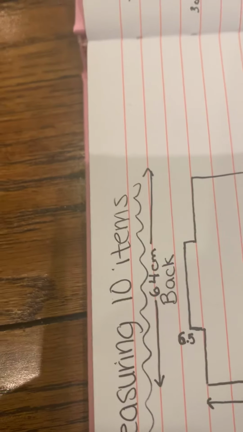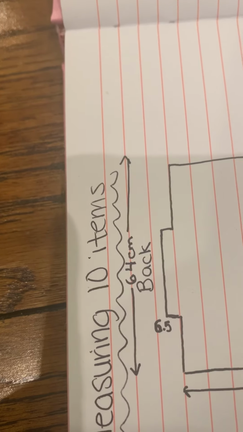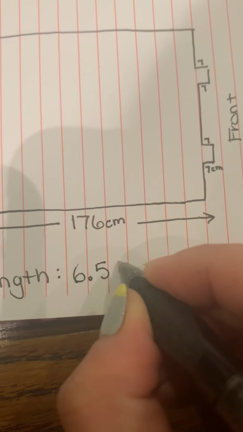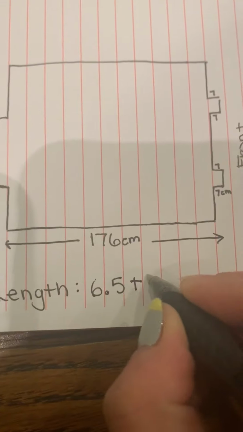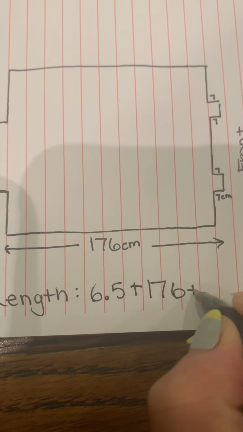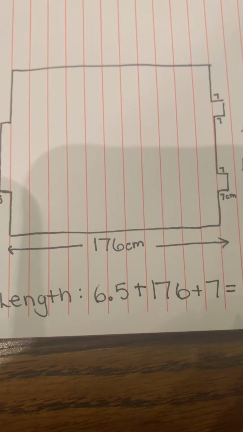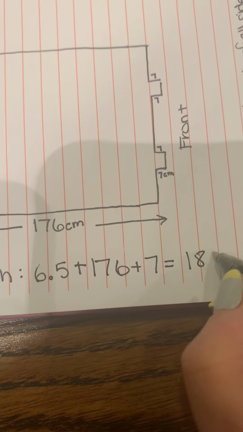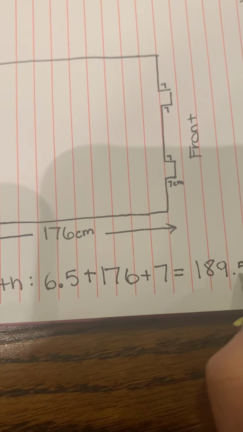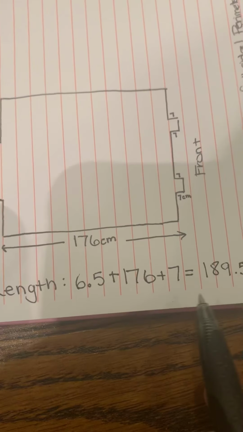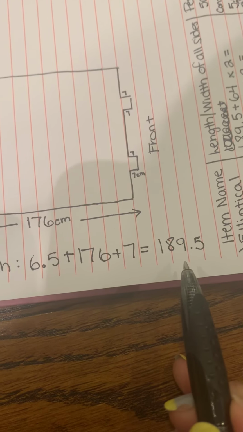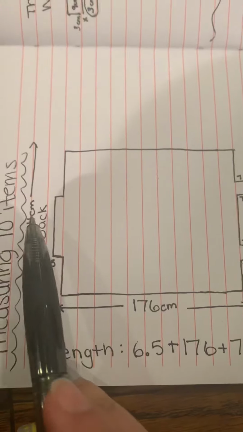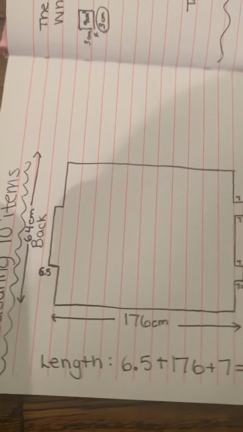So our actual total length is going to be the 6.5 plus 176 plus the 7, which actually gets us a total of 189.5. So our actual total length is 189.5, and our total width is 64 centimeters.